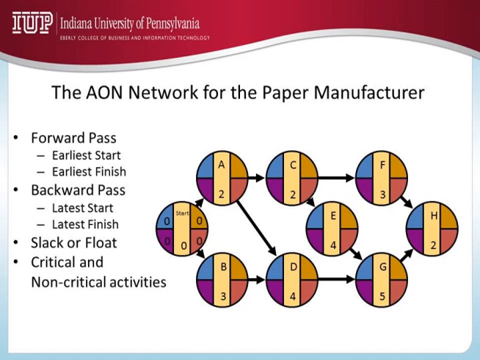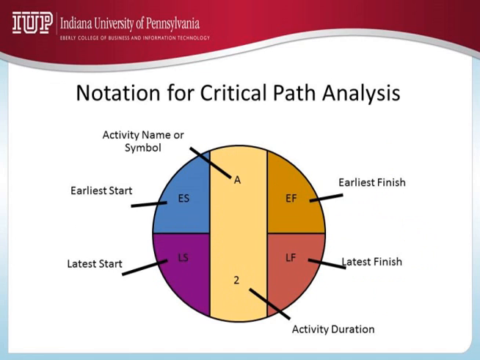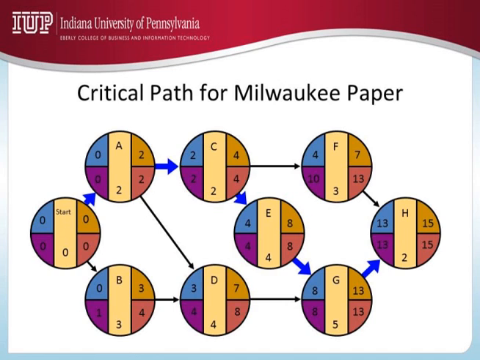And then we'll calculate the slack and determine the critical and non-critical activities. So this is the notation we'll be using. Each of these nodes or circles will represent a particular activity, the duration time, how long it takes, the earliest start, earliest finish, latest start.